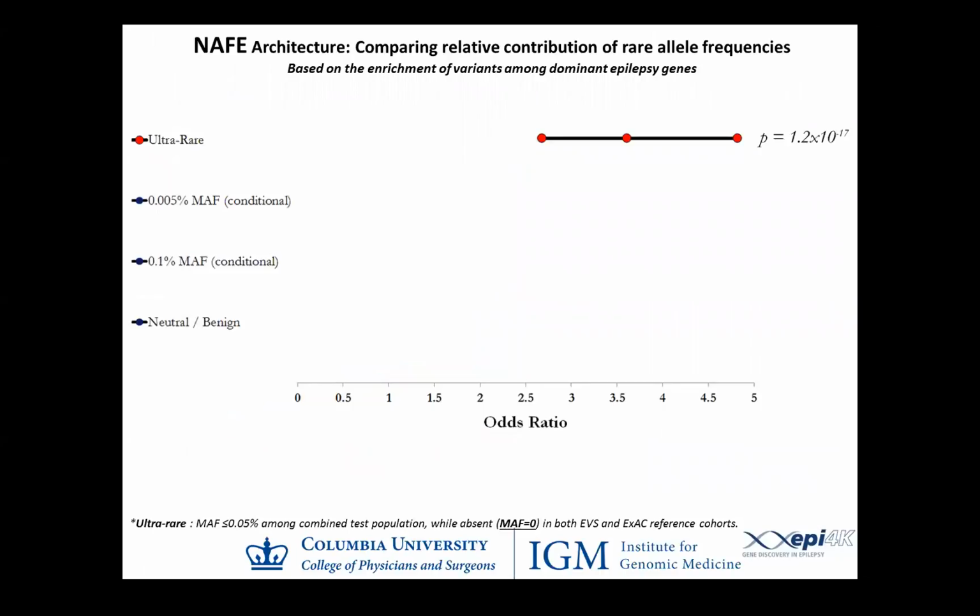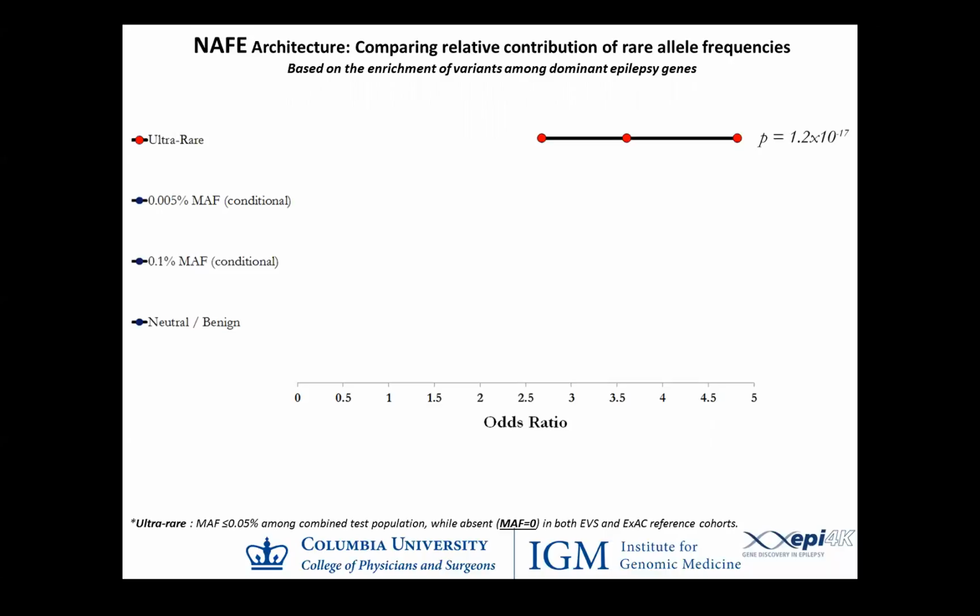One of the most exciting things that came out of this is that having these data gave us one of the first opportunities to really digest the relative contribution of increasing minor allele frequency to epilepsy risk within these well-established dominant epilepsy genes.